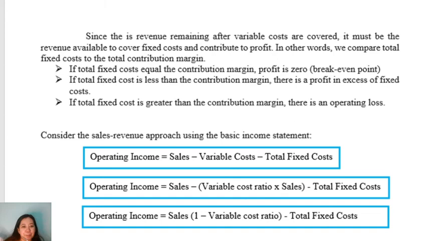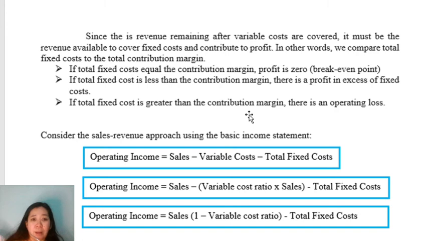Okay, so next, since there is revenue remaining after the variable costs are covered, it must be the revenue available to cover the fixed costs and profit, if there is any.